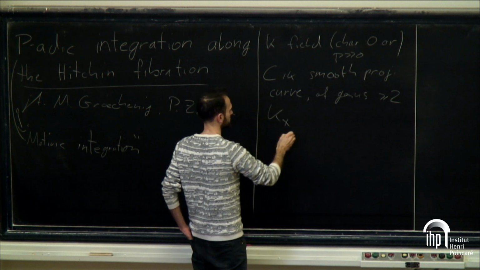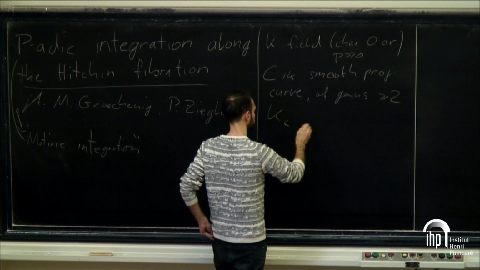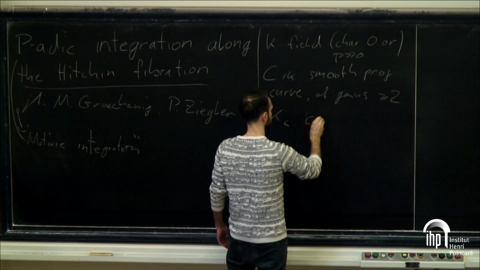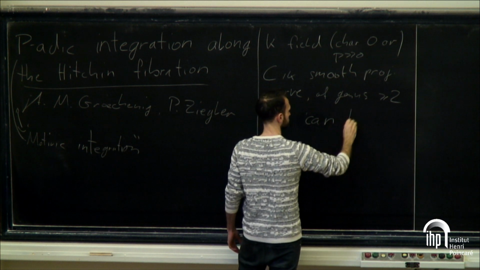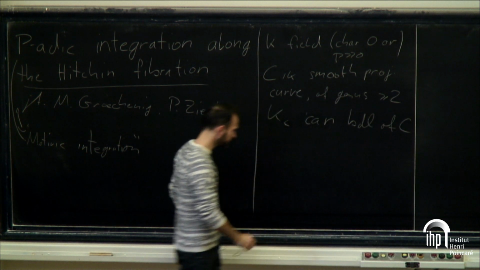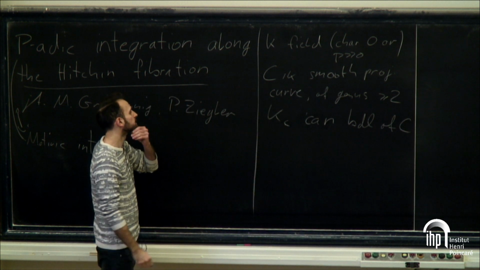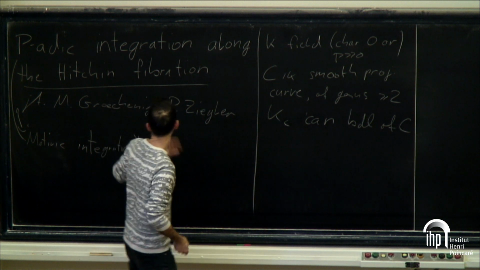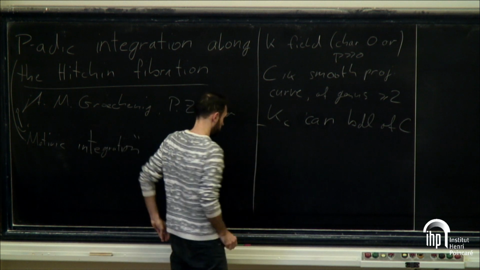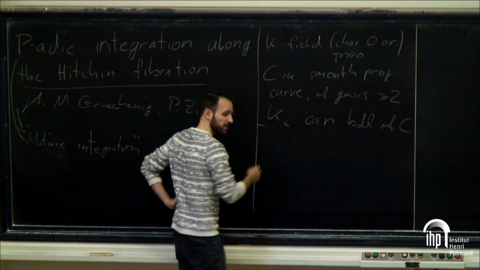I denote by K of C the canonical bundle. And then the main objects for these moduli spaces are Higgs bundles.